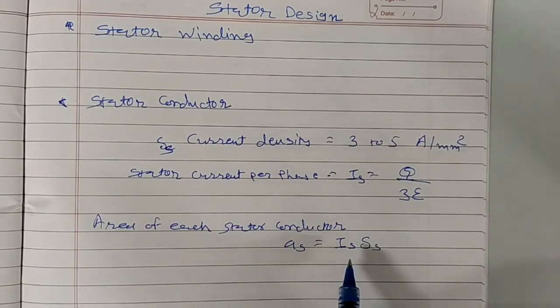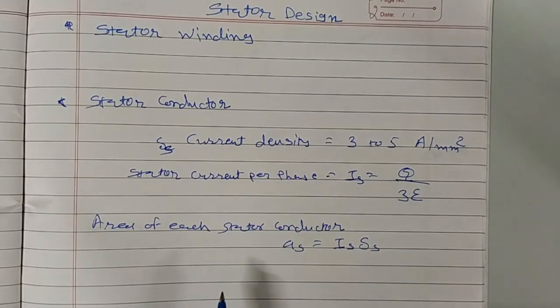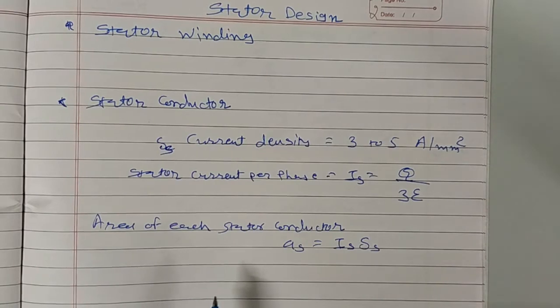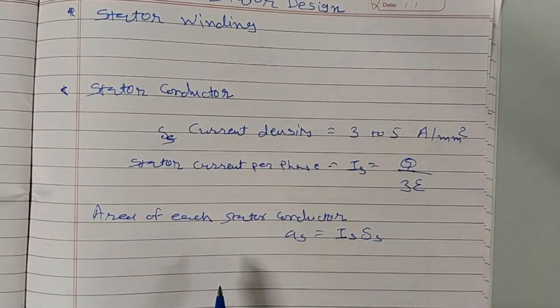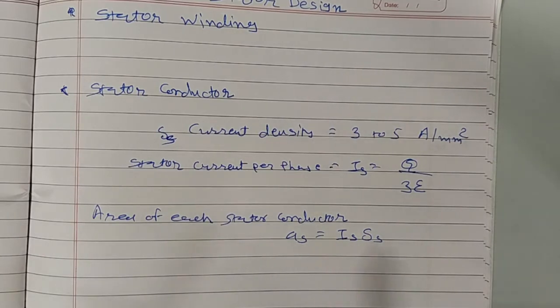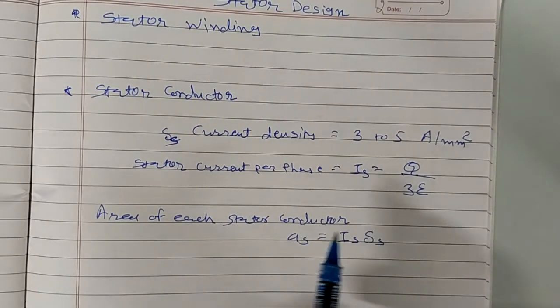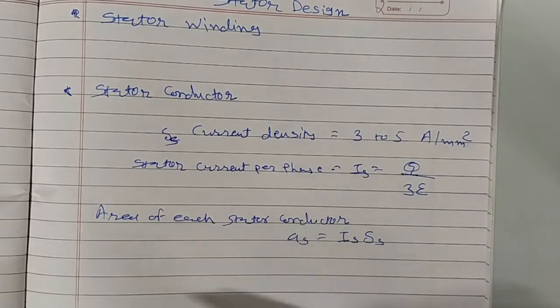Now for a lower value of current, generally round conductors or the circular type of shape we prefer, and it is convenient. While if a higher current rating is there, then bar type or strip type of conductor should be used. Because if the area is a little bit bigger, the diameter is bigger, then it will be difficult to provide the winding in a high rating machine.